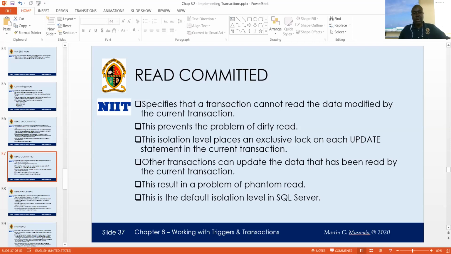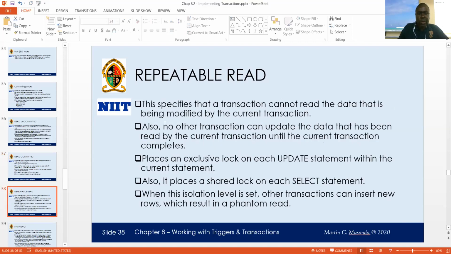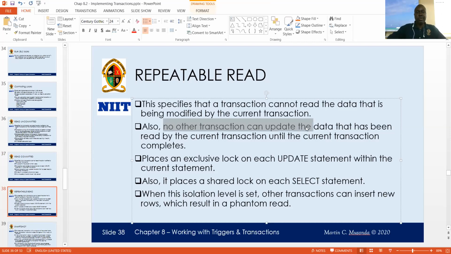So other transactions can update data that has been read by the current transaction. This is the difference between this one and this one. No other transaction can update data that has been read by the current transaction until the transaction completes, either is committed or it is reversed or rolled back.